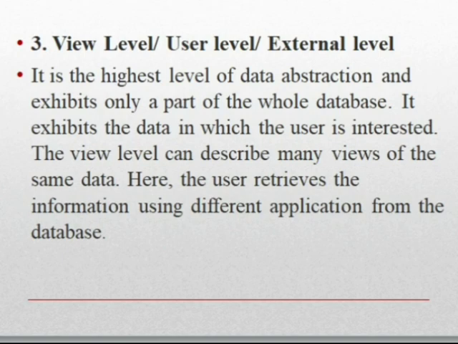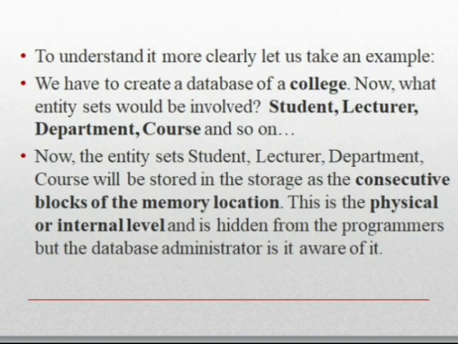Here, the user retrieves the information from the databases using different applications. So at this level of data abstraction, the highest level, the users can use only the information by using application programs to find their data of interest.